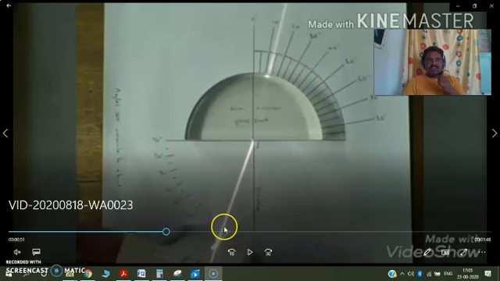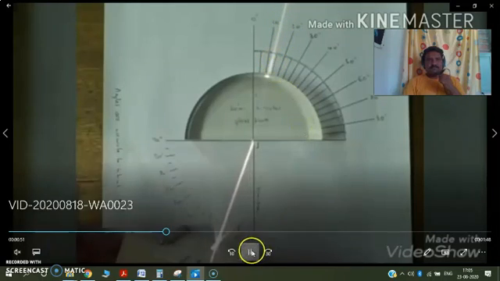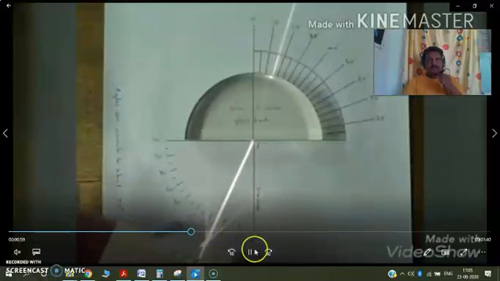Now the angle of incidence is 20 degrees, and the angle of refraction is nearly 24 degrees, here 25 degrees.